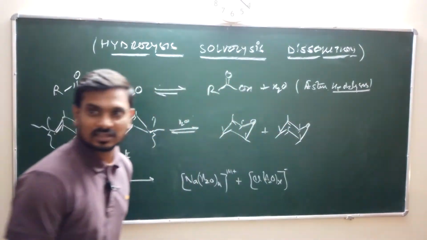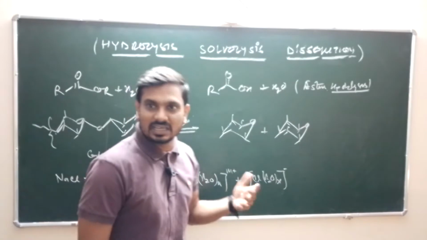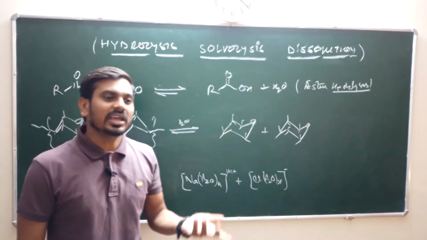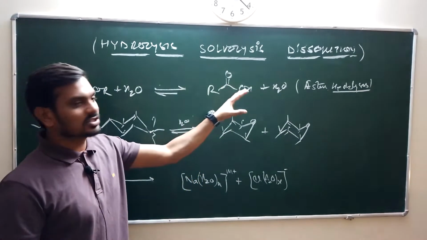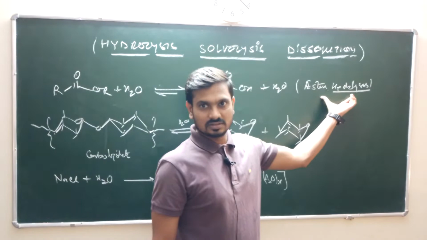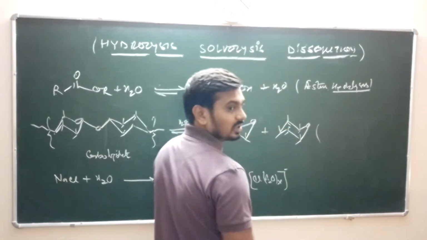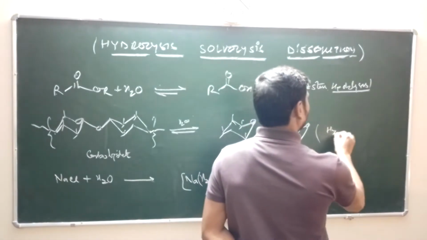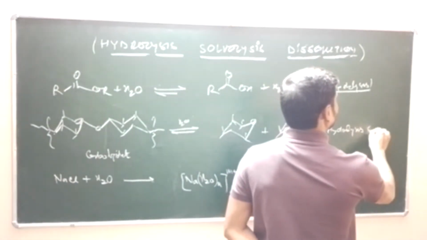Hydrolysis. Of course, for this kind of reaction, be it an ester or amide or any acid derivative, if it is treated with water and splits into two moieties, it is called hydrolysis. And this second one is also called hydrolysis, hydrolysis of carbohydrate.